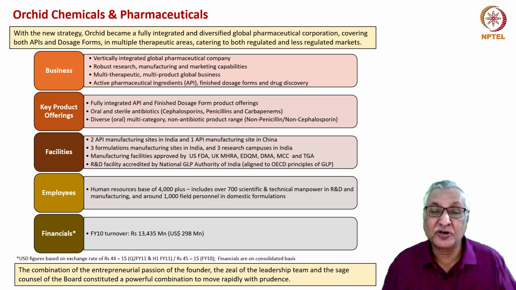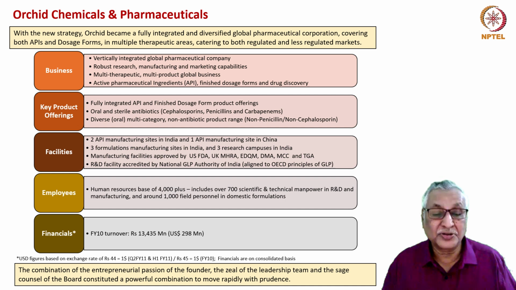The manufacturing infrastructure has been mentioned already, and the employee count has been 4,000 plus, including over 700 scientific and technical manpower in R&D and manufacturing, and around 1,000 field personnel in domestic formulations.